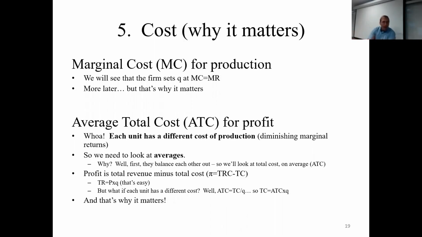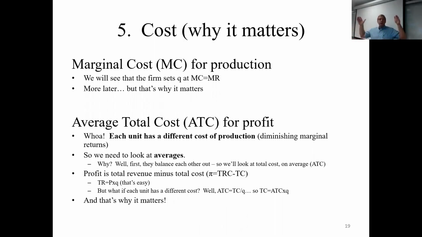That's easy. So if each unit has a different cost, we're going to need to find the average, and here's where the average total cost comes in. The total cost is simply going to be equal to the average total cost multiplied by the quantity. Why is that? Mathematically speaking, we know that the average total cost is equal to total cost divided by quantity. Flip the quantity around, and we're going to be able, from our production schedule, to tell how many we had.